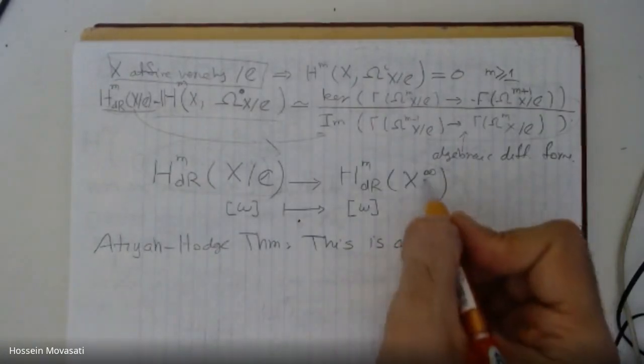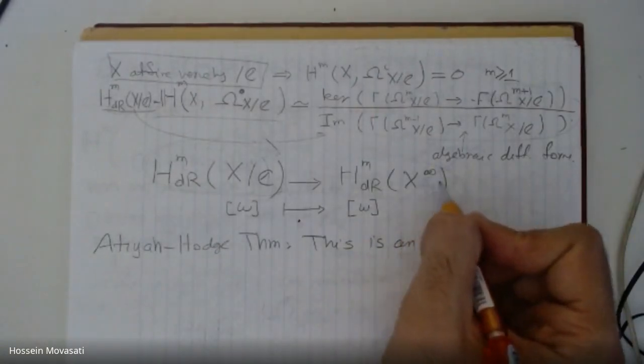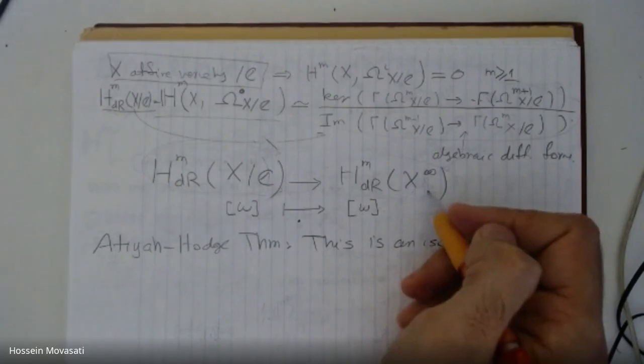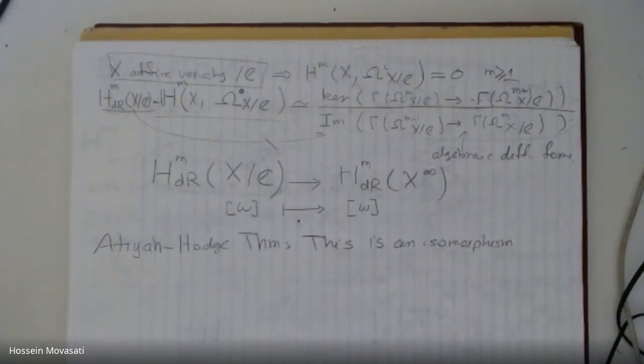By the way, my C-infinity de Rham cohomology is always tensored with complex numbers, which means I am taking complex-valued C-infinity functions. Okay, so this is the Atiyah-Hodge theorem.